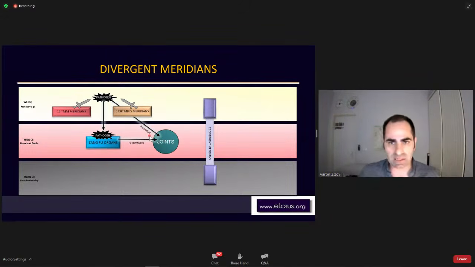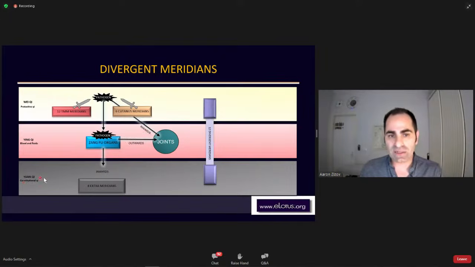The joints are in the deepest levels of the pathways, so they can store the pathogen, but we prefer to direct it to the Yuan Qi level. Then it will be held in a way. The pathogen can wait there until the right moment comes, and we will be able to release this pathogen and send it out again, from the joints or from all the levels.